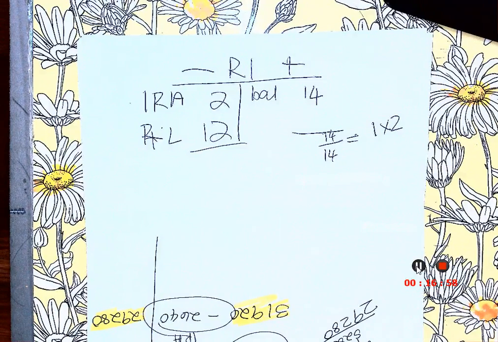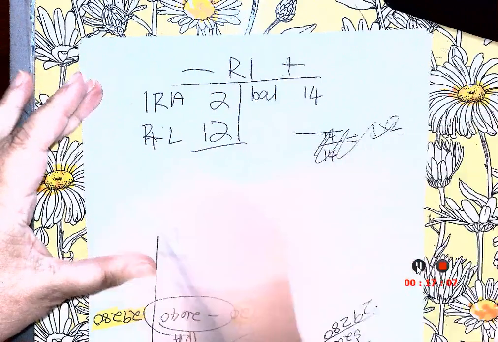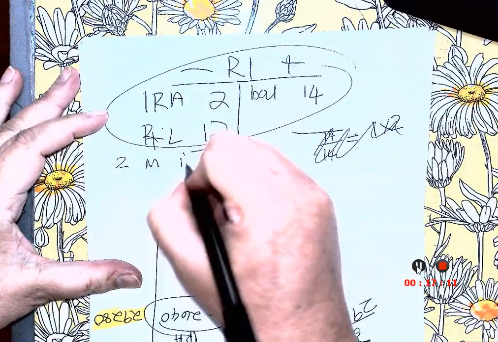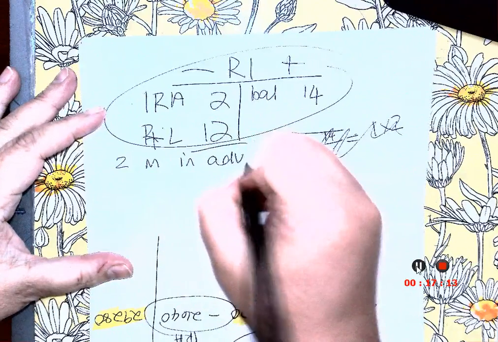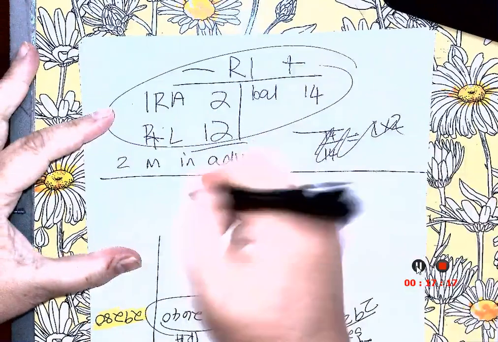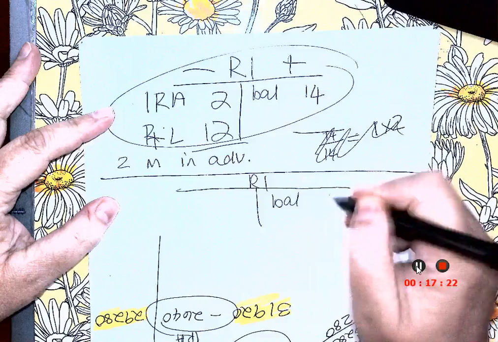Okay. So now what do they do different? What they do different is they tell you, instead of saying this one here, they would say 2 months in advance. Then it looks like that. Now, with this one, again, they gave me the rent income as a balance of 14.